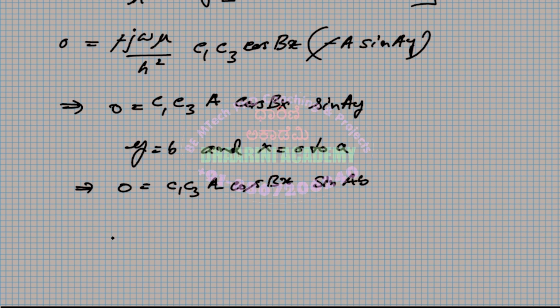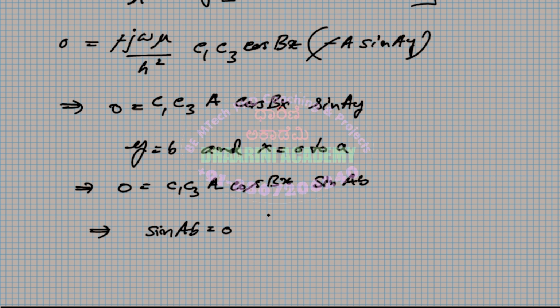Okay, so that means I can write this is capital A times cos Bx into sine of AB, because y is equal to b. So in such condition, this means I can have only one term that is equated to 0. It is sine AB equal to 0, right?